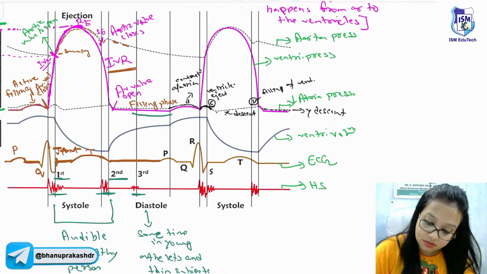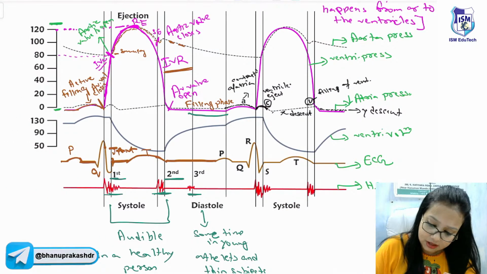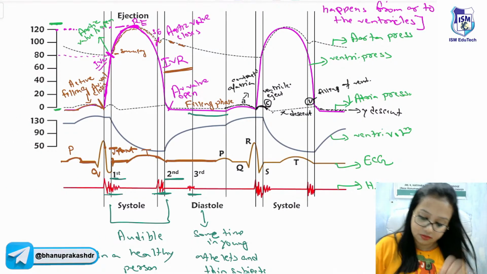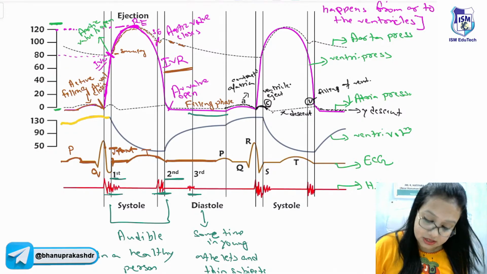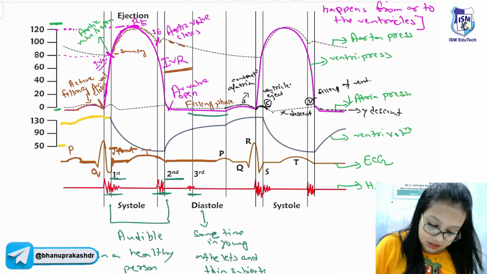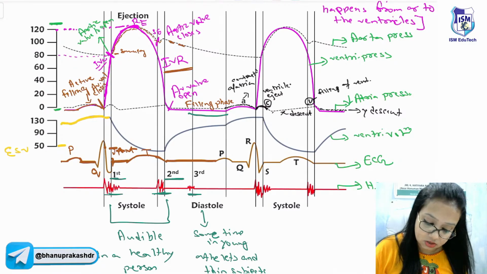The last one remaining is the change in the volume. This is very easy. See, this blue one, when the ventricle is getting filled with blood, there is an increase in the volume. The 50 ml is the end systolic volume, that is, after the ventricle ejected blood, what was remaining is the end systolic volume, 50.